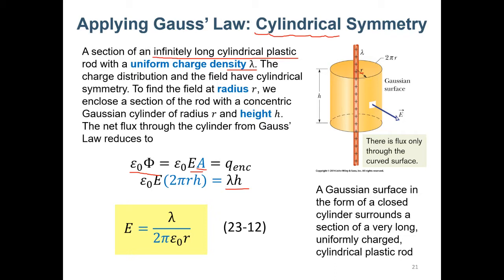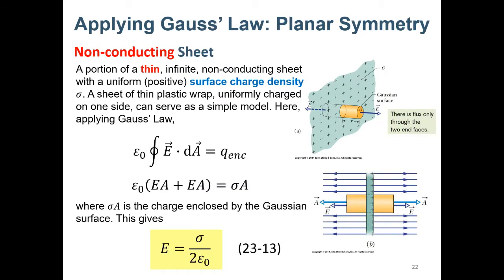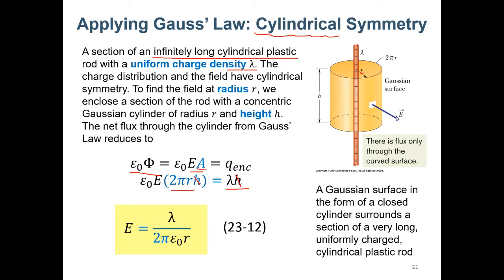So the area of this Gaussian surface is 2 pi r h. Then h and h cancel, and it turns out to be E equals lambda over 2 pi epsilon naught r. So it will be pretty easy. Any questions?